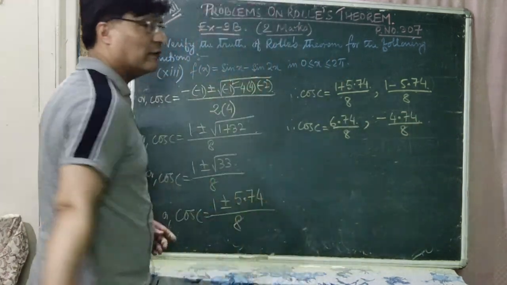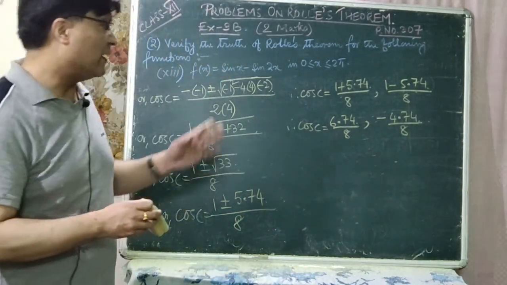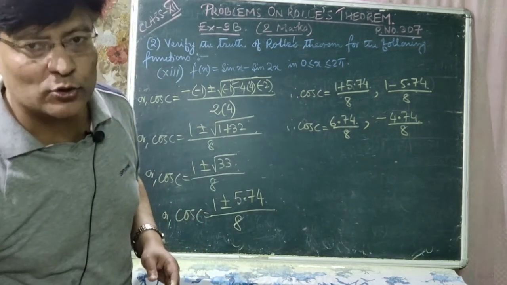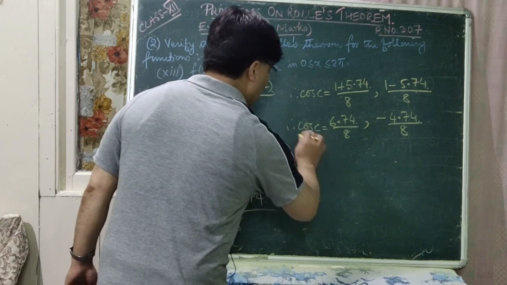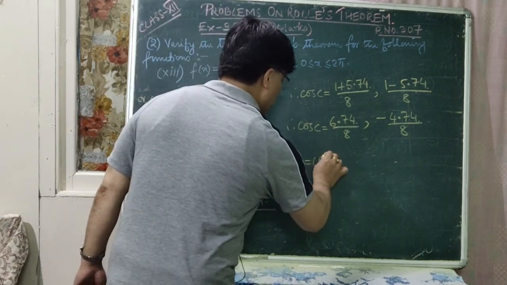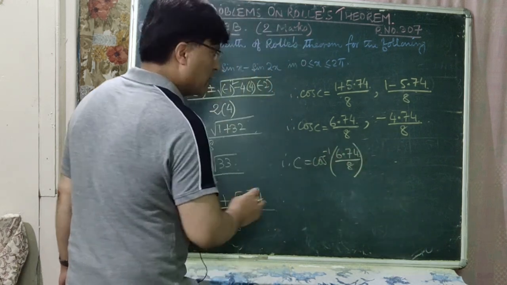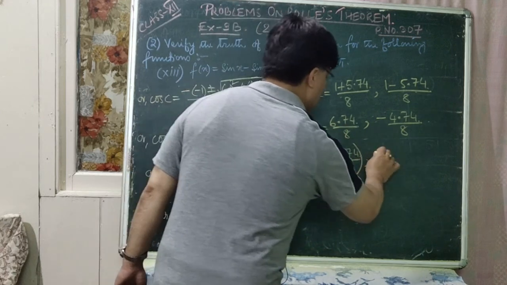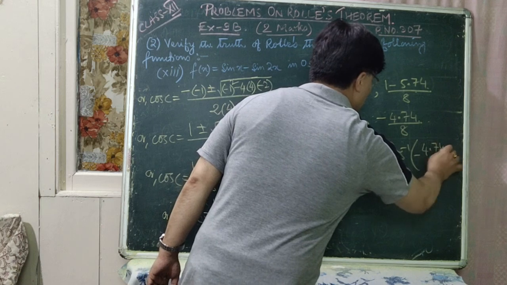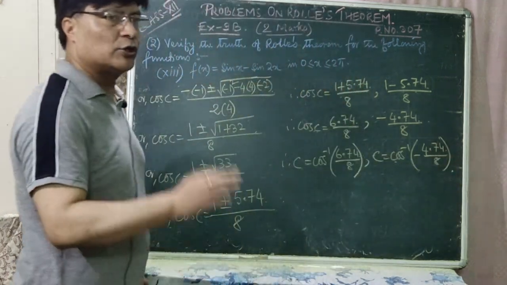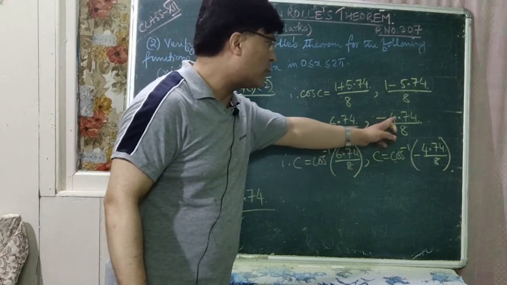Now you know that the values of cos C lie between -1 and +1, isn't it? Is that clear? So that means you can have the values of C here. For the first term, the value of C is cos inverse of 6.74 divided by 8, and here C is equal to cos inverse of minus 4.74 divided by 8.